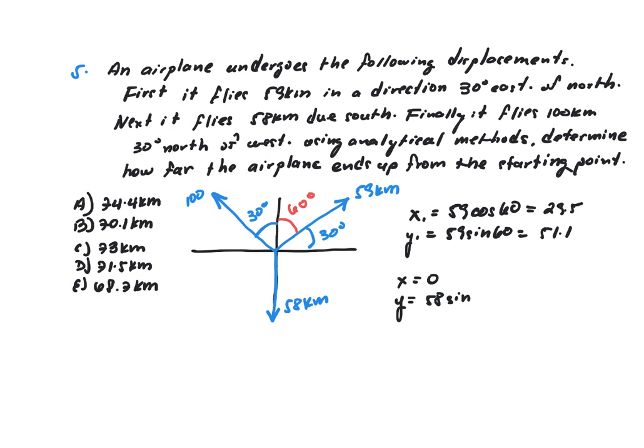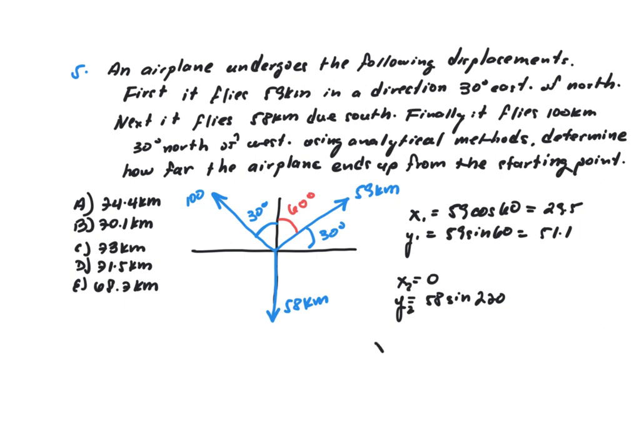We know that this angle where it's going due south is going to be 270, because a full turn is 360, and 3/4 of 360 is 270. So that's for x2 and y2.